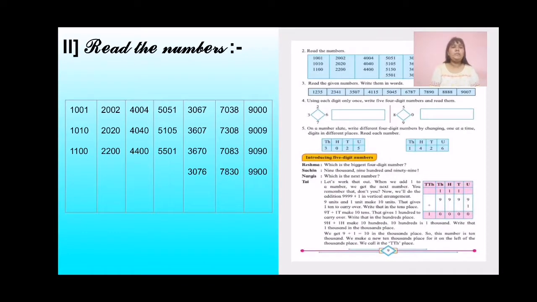Second exercise, read the numbers. Now how will you read the numbers? 1001, 1010, 1100, 2002, 2020, 2200, 4004, 4040, 4400, 5051, 5105, 5501, 3067, 3607, 3670, 3076, 7038, 7308, 7083, 7830, 9000, 9009, 9090, 9900.